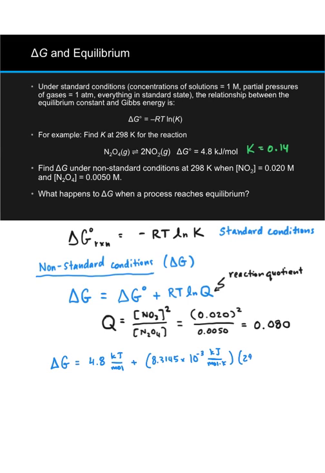T is still 298 K, times the natural log of our reaction quotient Q, which we have just calculated as 0.080. If we plug all of this into a calculator, what we get is that this non-standard Gibbs energy is equal to negative 1.5 kilojoules per mole.